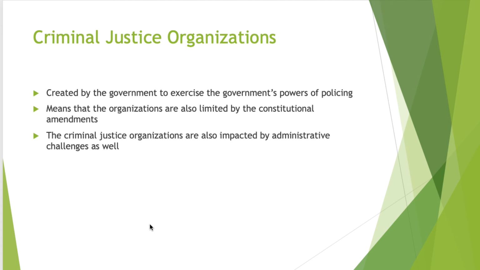In simpler terms, criminal justice organizations in particular are going to be limited by the constitutional amendments. If we continue with the idea of police and the cops, a lot of your amendments, like the right against self-incrimination and searches and seizures, are directly policing-wise. So you can see how that applies there.